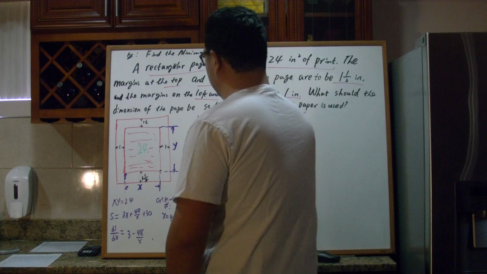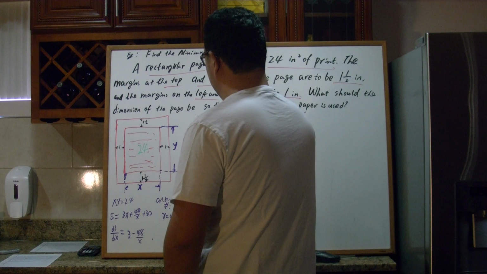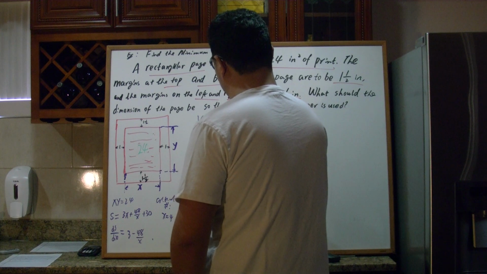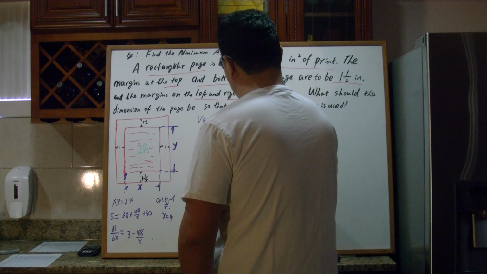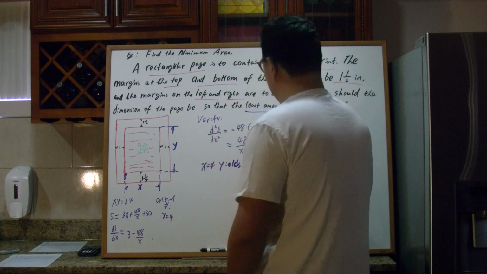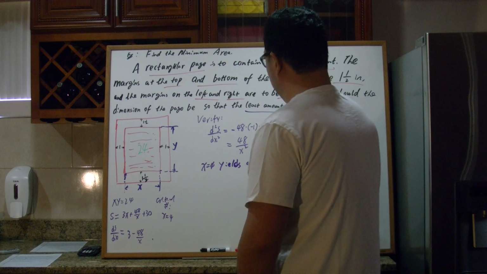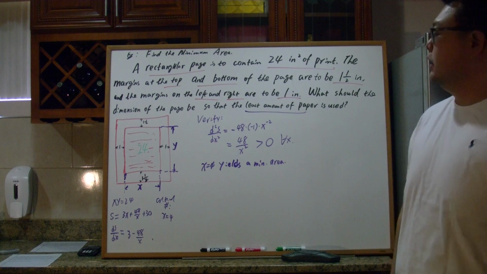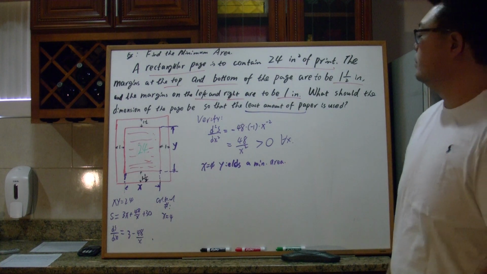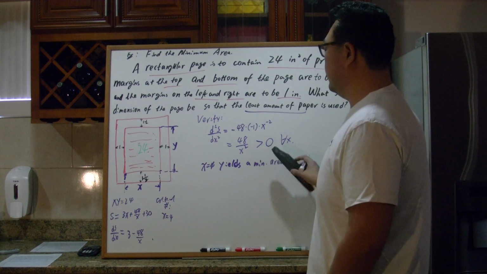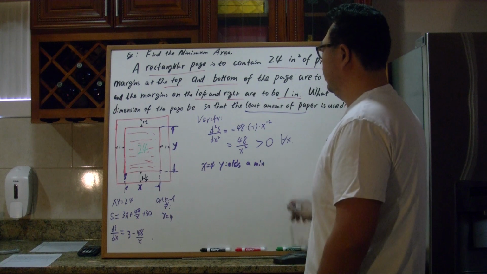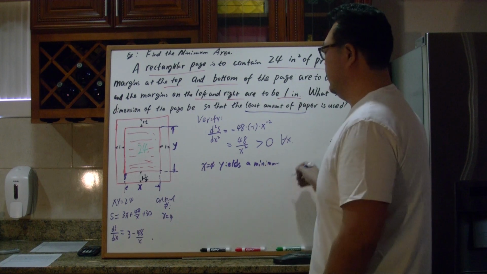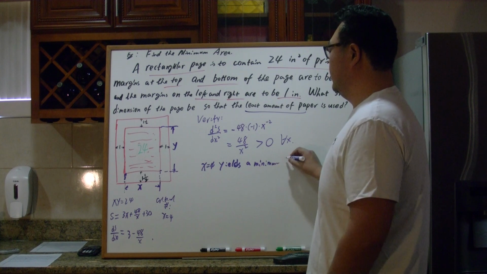Right, therefore x equals 4 yields a minimum area, because we have the second derivative always positive. So at the critical number, it's always the least amount of paper used.